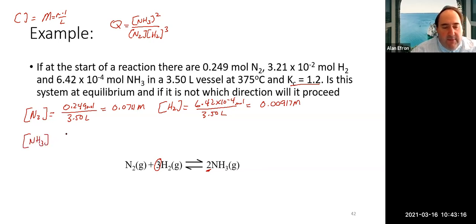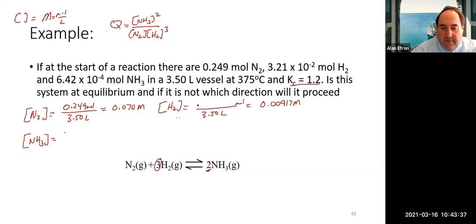And our NH3 would be, looks like, where did you go there? I think I wrote that one backwards. I did. Sorry. I calculated it right, but I wrote the wrong number there. Let me just fix that real quick. The H2 number should be right. I just wrote the wrong one there.